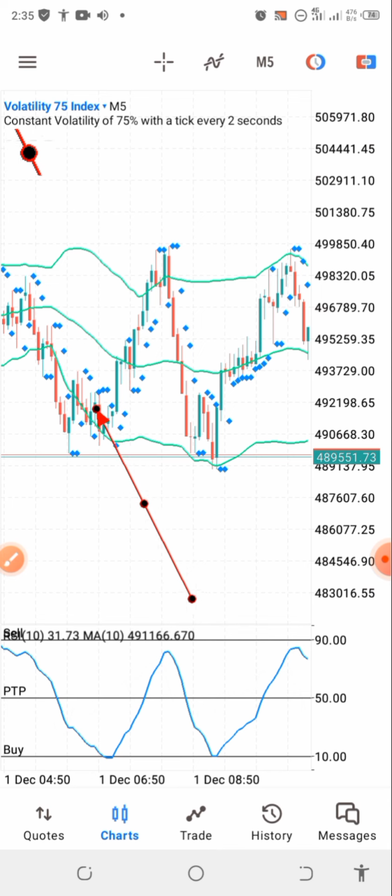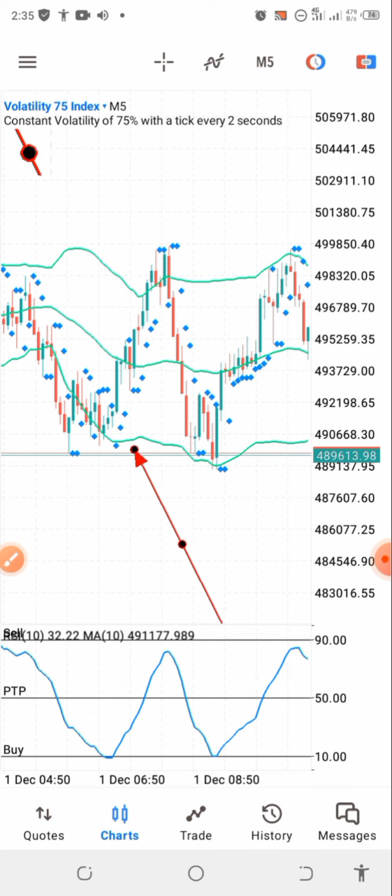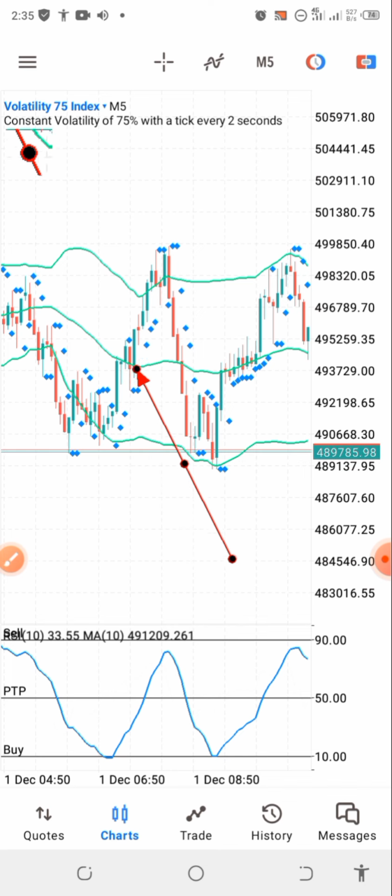You also want to see the parabolic SAR changing from the downtrend to the uptrend, which means it needs to be moving below the price, not above the price.